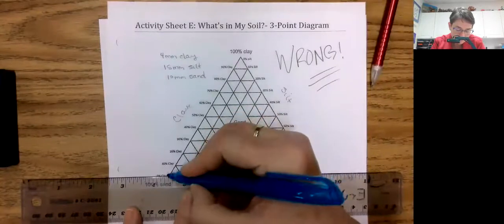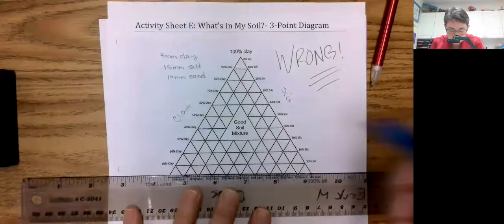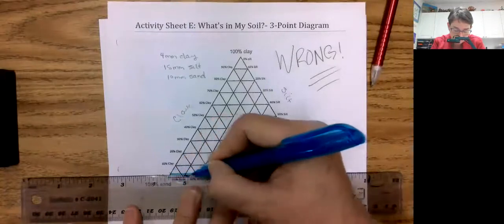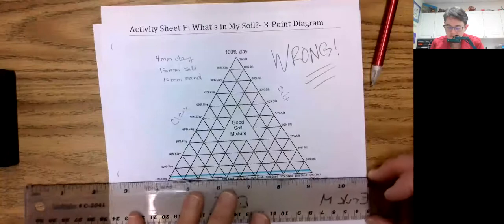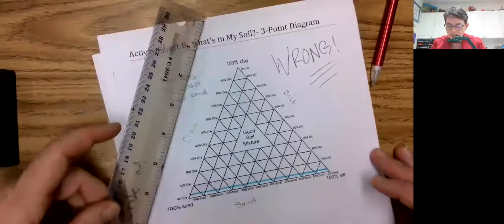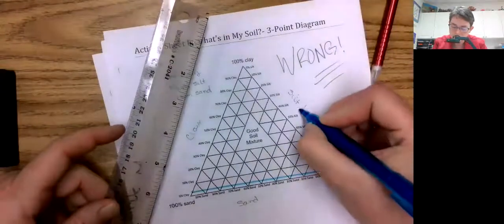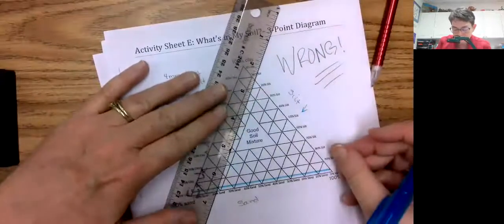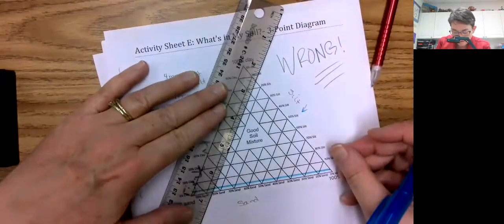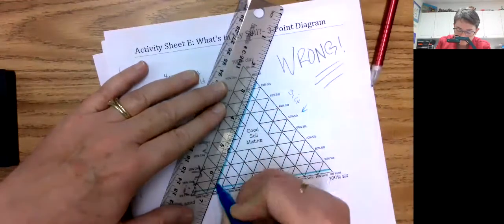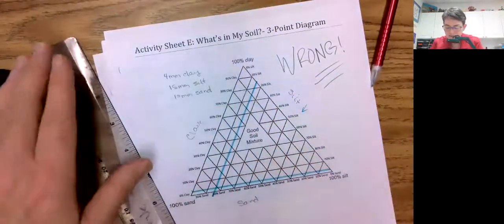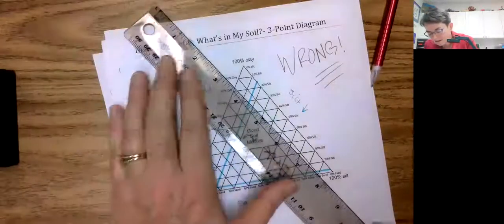Okay, so 4, I want a little bit higher. All right, there we go. There's my clay. Now, 15 of silt. So silt is going to go this way. So 15 would be like right in between those two. And now I need 10 of sand.